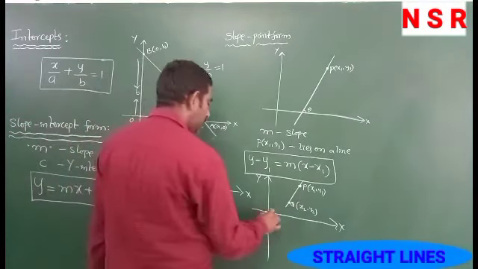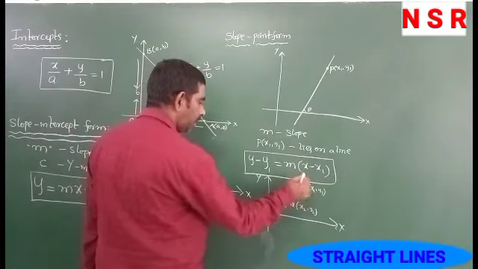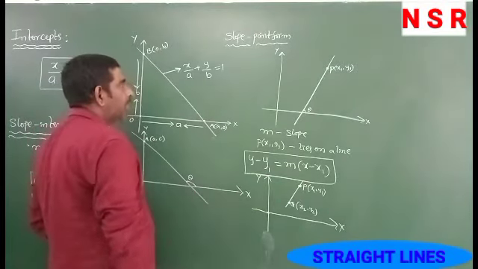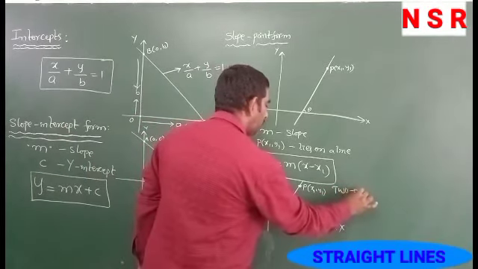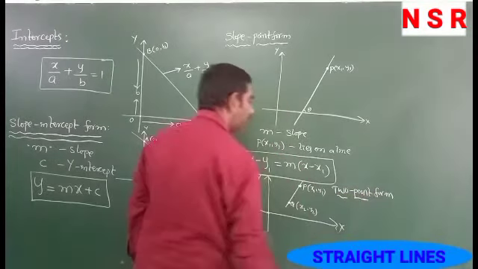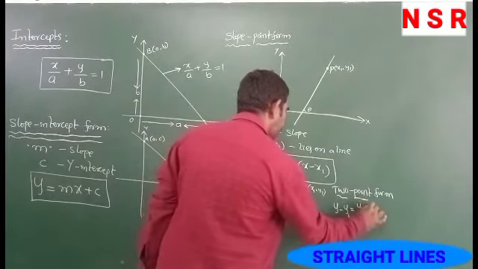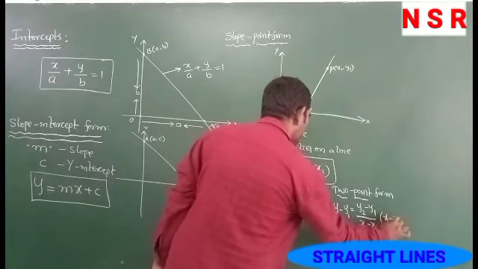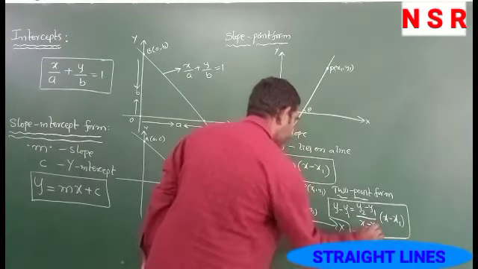So a line passing through two points, without any given angle with the x axis, gives the two-point form. The two-point form is y minus y1 equals (y2 minus y1) by (x2 minus x1) into x minus x1.